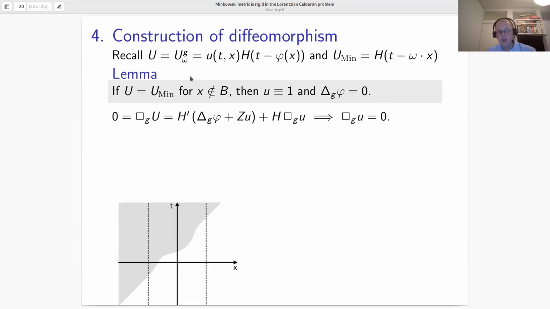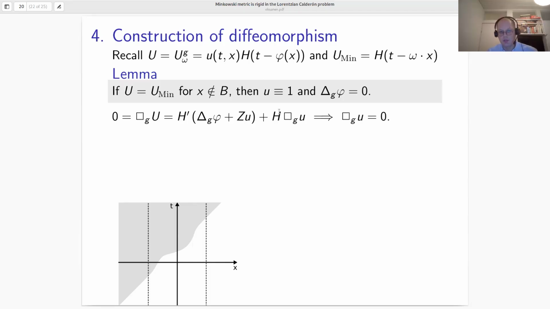There will be basically three types of terms: terms where you hit U only, terms where you hit once in U and once in H, and terms where you hit twice in H. But in fact, the terms where you hit twice in H vanish, because phi satisfies the eikonal equation. So there we use the fact that phi satisfies the eikonal equation, and then the rest of the terms look like this.